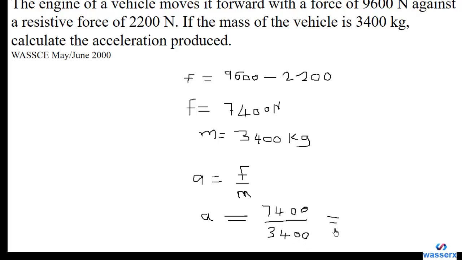So the division is giving me 2.1765. We correct this to 2 decimal places to obtain 2.18 meters per second squared.